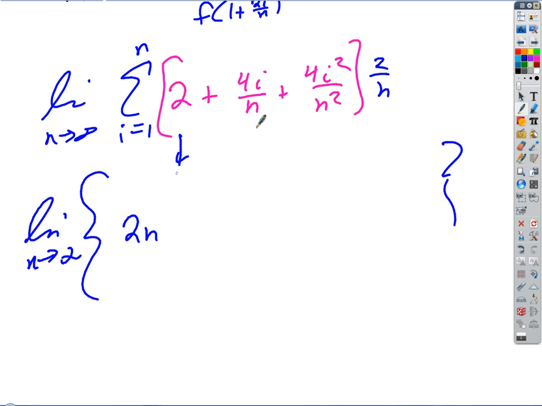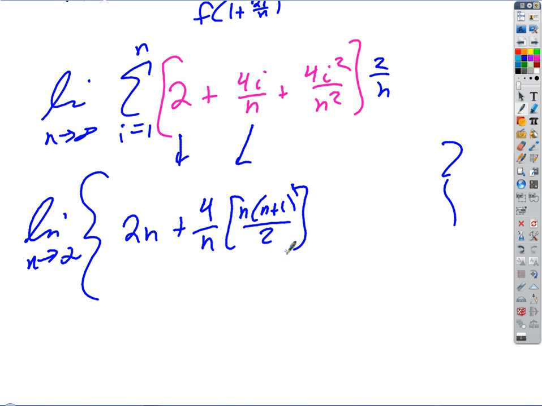Right, for this guy. How about this guy? Well, we can pull the 4 over n out front. What's the sum of i from 1 to n? Remember that one? Good. Times. Okay, good. And then plus, here we'll pull the 4 over n squared out front.